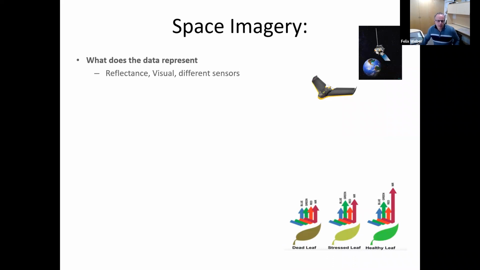Space imagery, and the speaker was talking about that before. Space imagery, what does the data mean, first of all, or what does it represent? In general, they're all reflectance maps or visual maps from a distance.